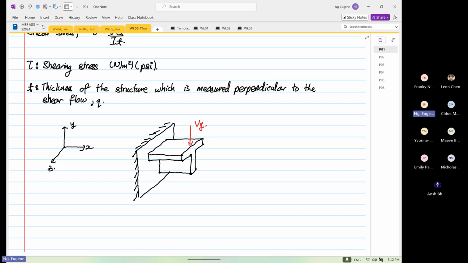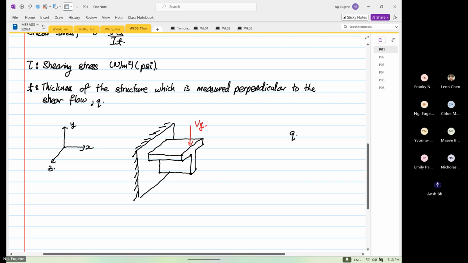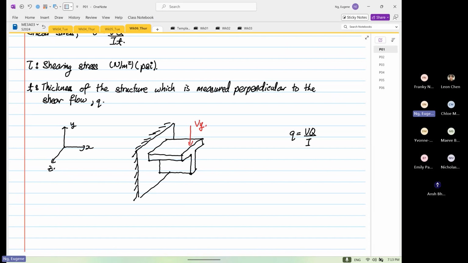Now, if we were to look at the formula, shear stress is equal to VQ over IT, right? The area that we are focusing on, so Q and I, right?